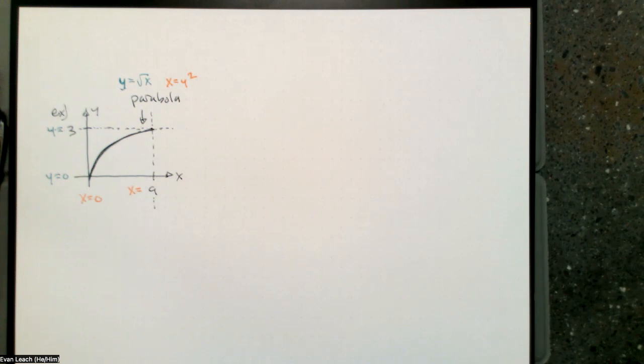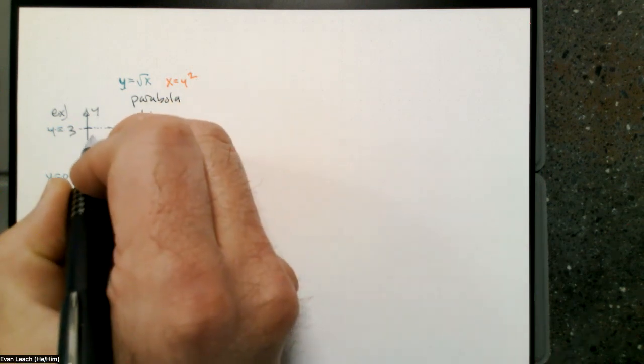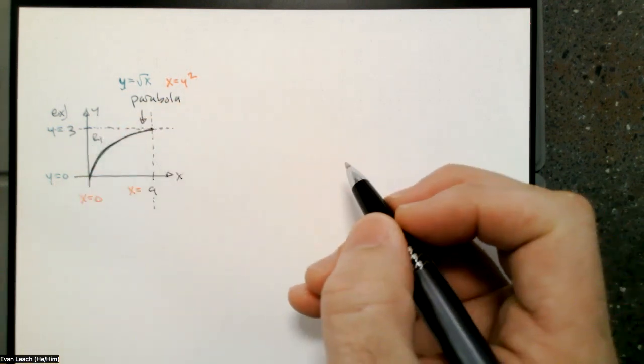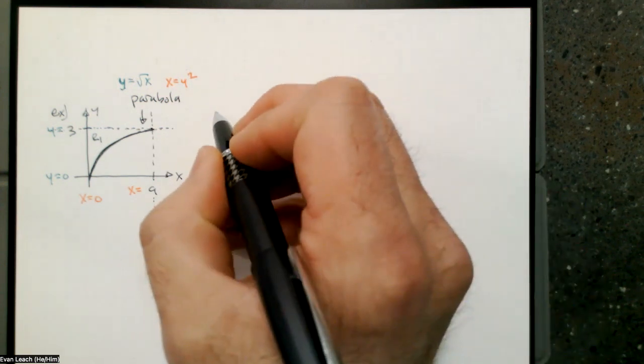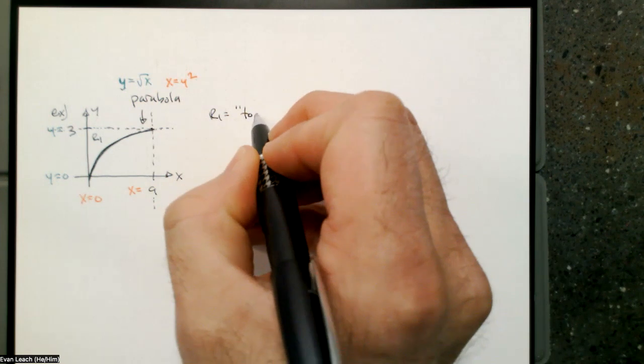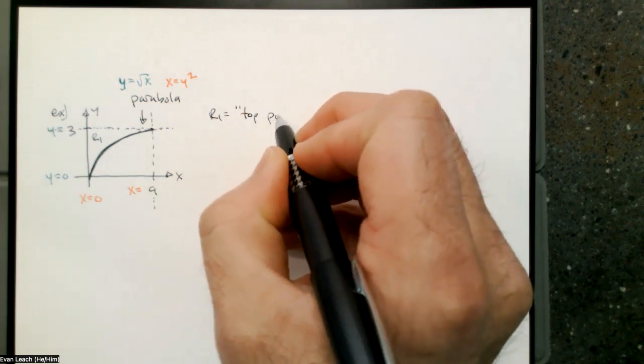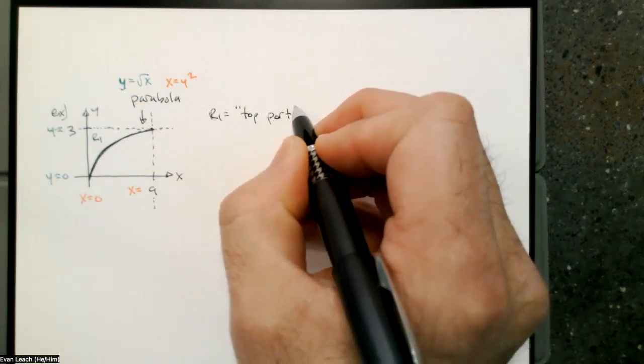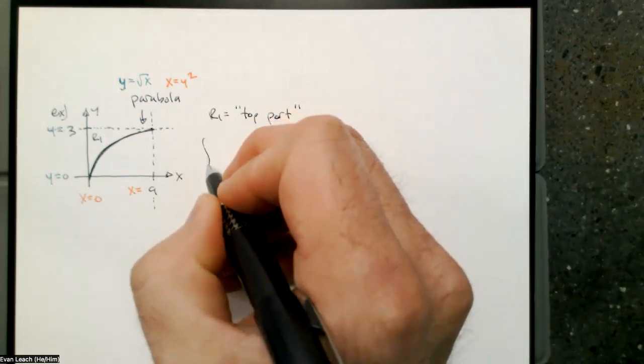Now we just have to figure out which region I want, the top portion or the bottom portion. Let's make R1 this top portion. And we're going to do the same thing.